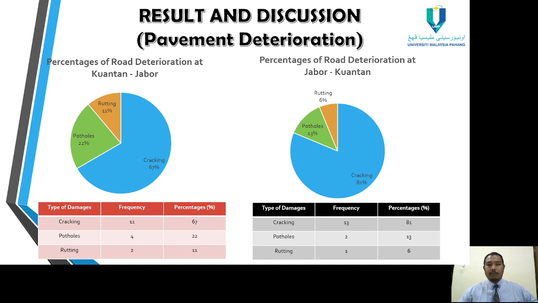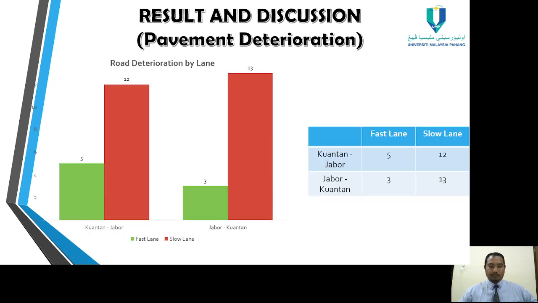Meanwhile, for the road deterioration at Jabor Kuantan, cracking has a frequency of 13 locations, equal to 81%. In conclusion, we can note the frequency of damage on the Kuantan Jabor road is more than on the Jabor Kuantan road in 2022.